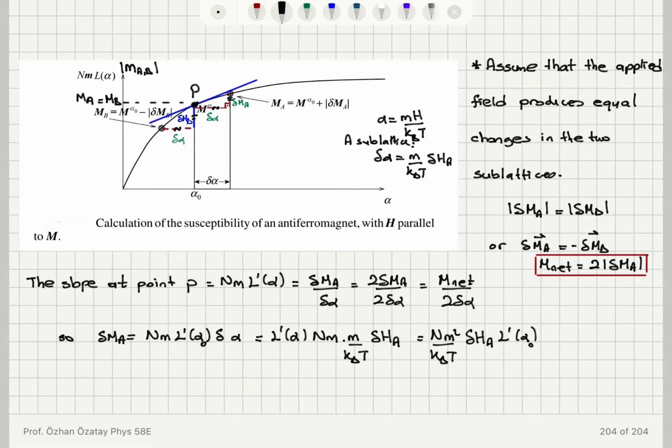Okay, so let's calculate the change in the magnetic field acting on the A sublattice.